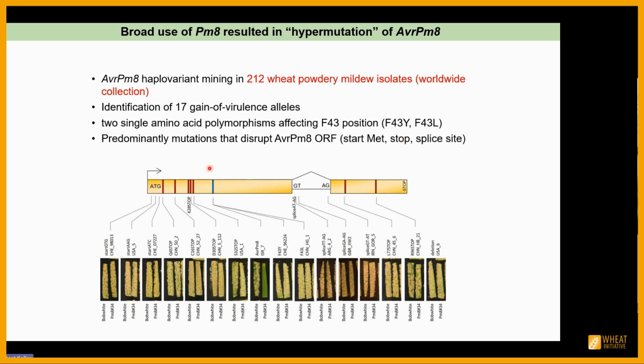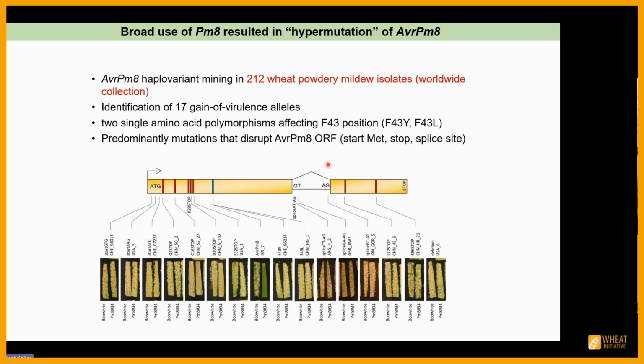So what we think is that here we see in the diversity analysis almost a saturation mutagenesis that nature did in this gene, providing us with all different variants that can lose recognition.